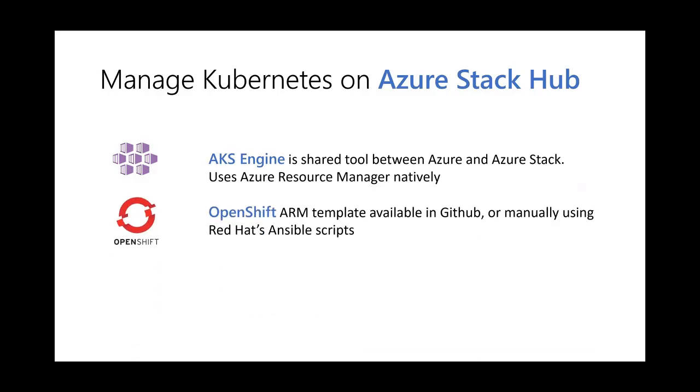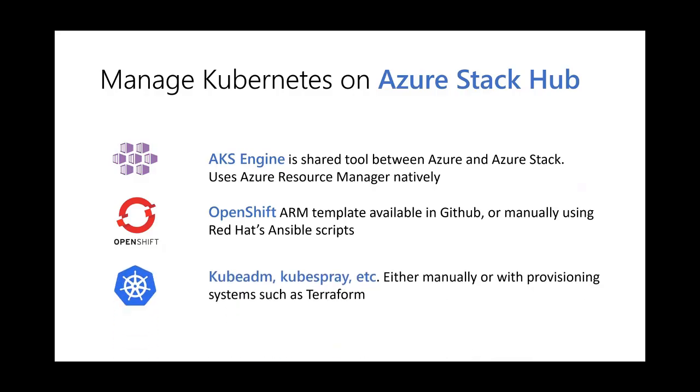You can also use other tools like our partner OpenShift, Red Hat OpenShift. There is an ARM template that we made public, and you can take advantage of that ARM template. You guys probably know what ARM is. It stands for Azure Resource Manager, and that template is available, and it will deploy OpenShift on Azure Stack. And you can use some of the open source tools available, like kubeadm or kubespray.